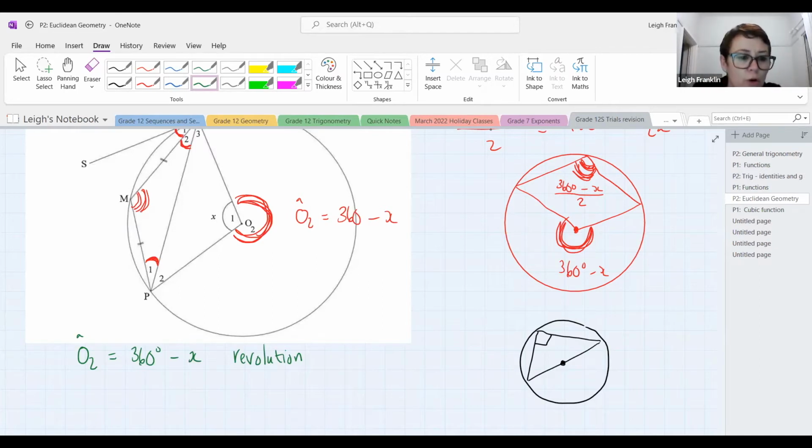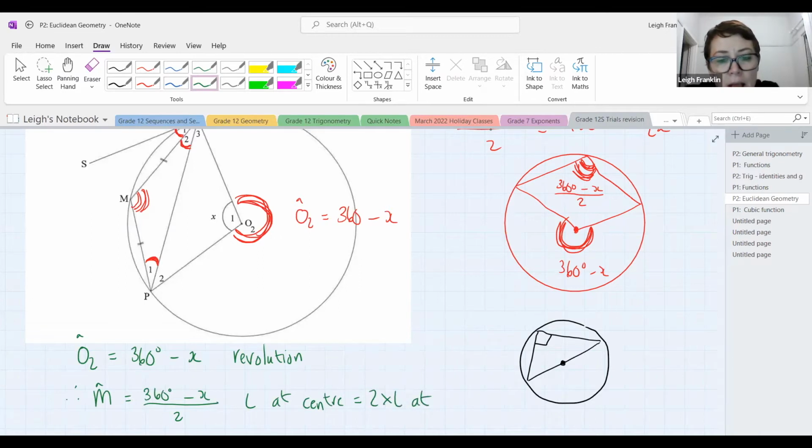So now that we've concluded that O2 is 360 minus x, now we can say something about M. M is equal to 360 minus x divided by 2 because angle at center equals 2 times angle at circumference.